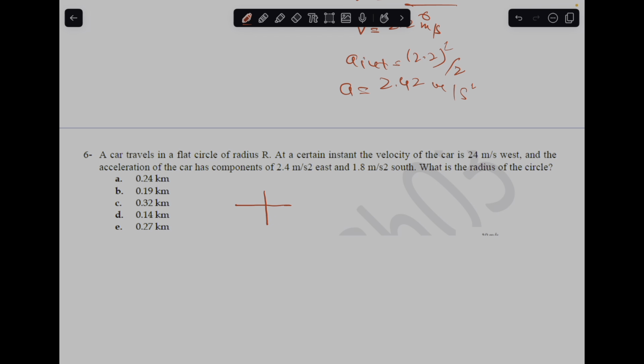So we have east, west, north, and south.